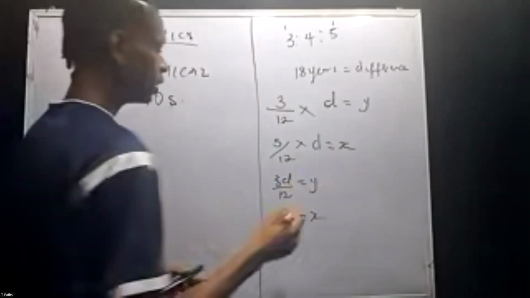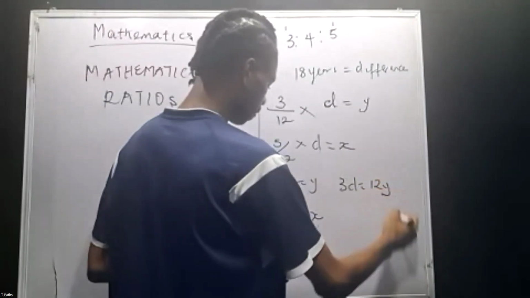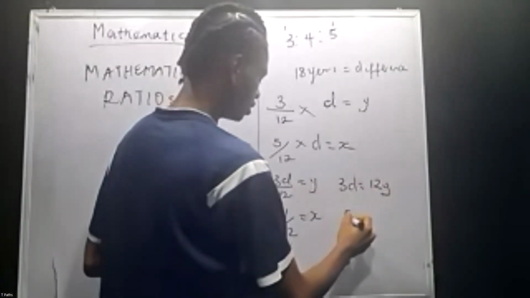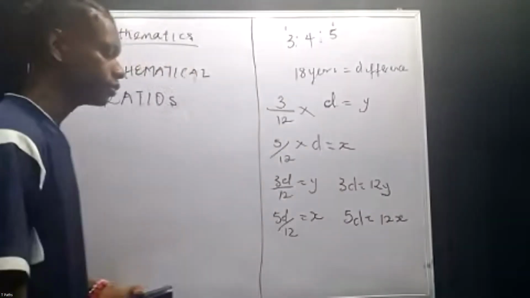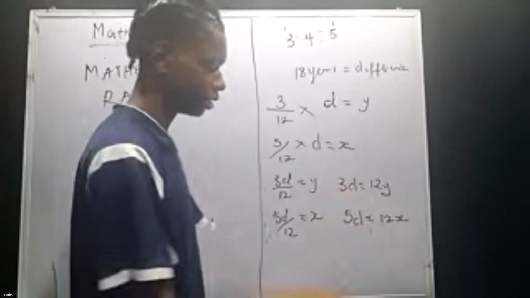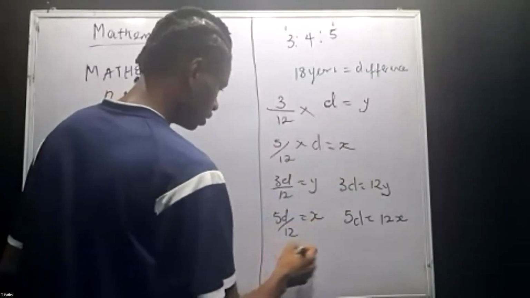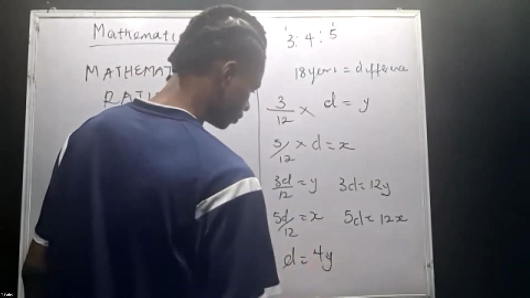Here I can say 3D is equal to 12Y, and then 5D is equal to 12X. So here I can decide to make D the subject of the formula. D is equal to 4Y.